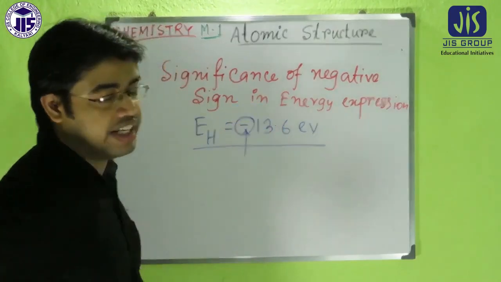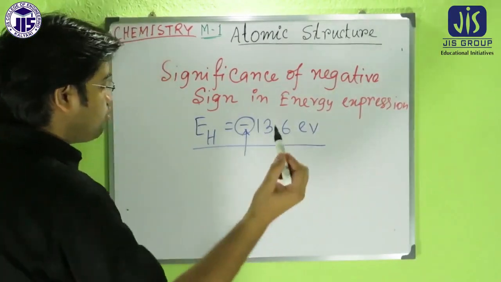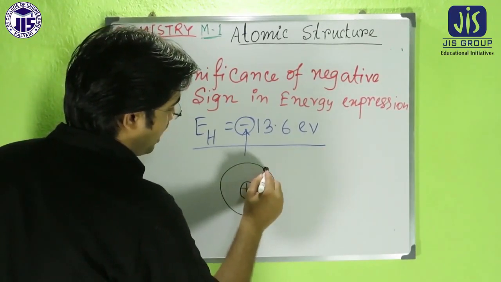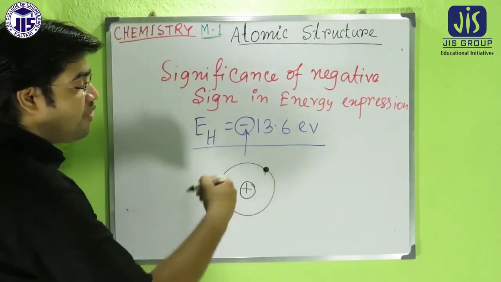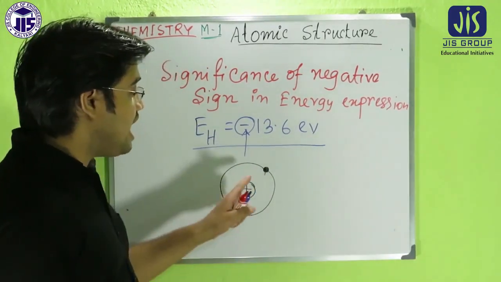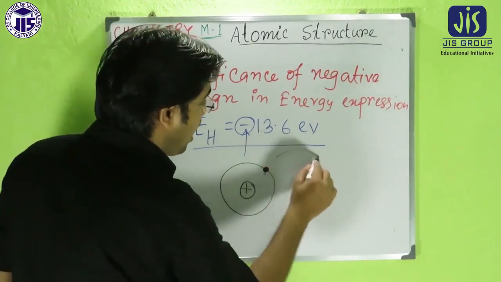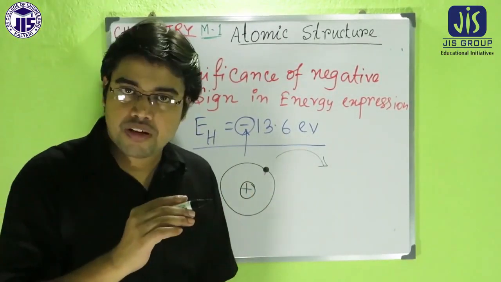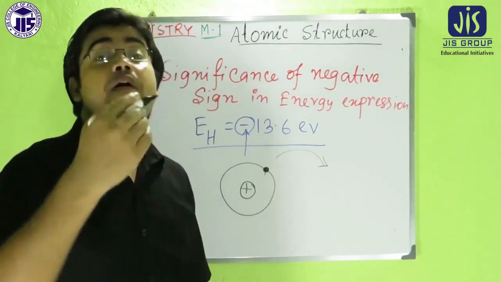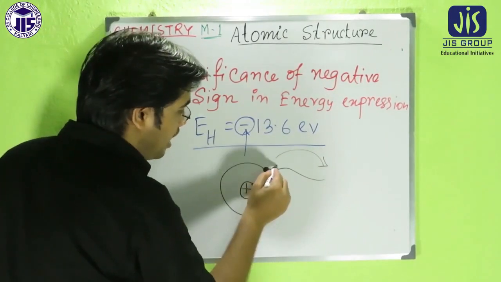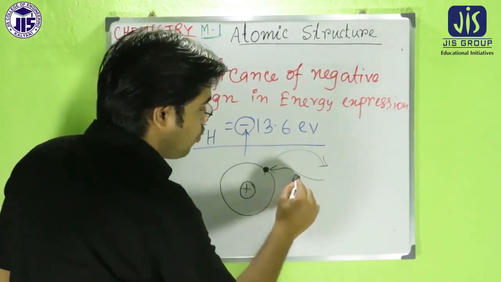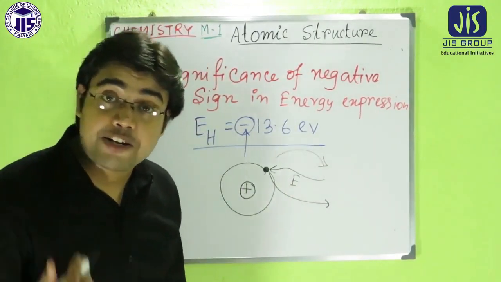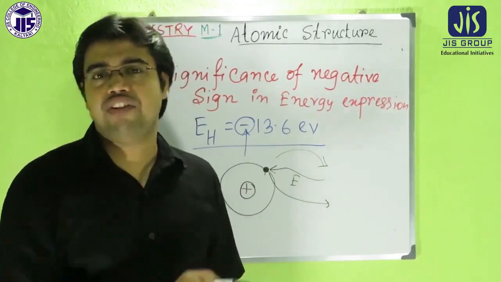Think about it: if there is a nucleus, a particular orbit, and an electron revolving in it, then the electron is more stable in the atom than outside of the atom. That means we have to apply energy to remove the electron from the atom.